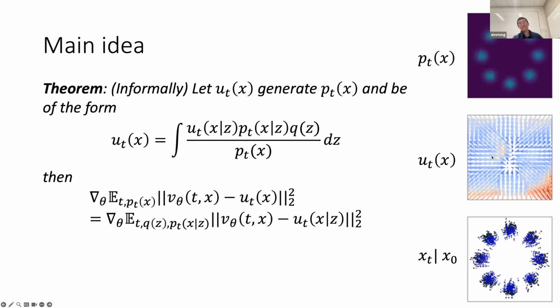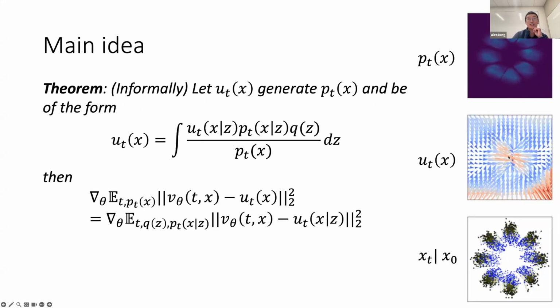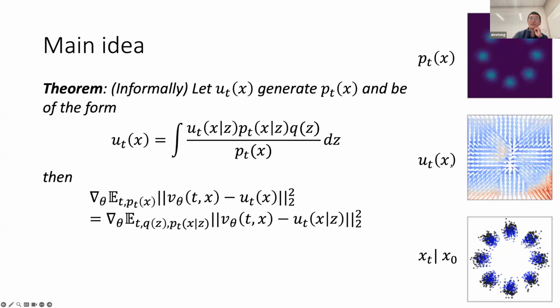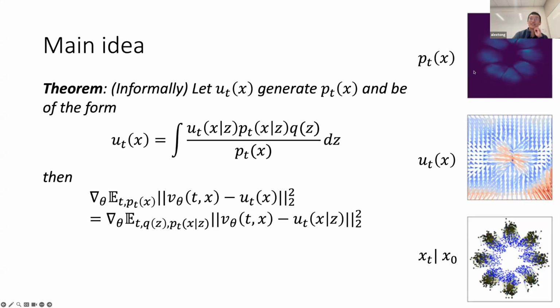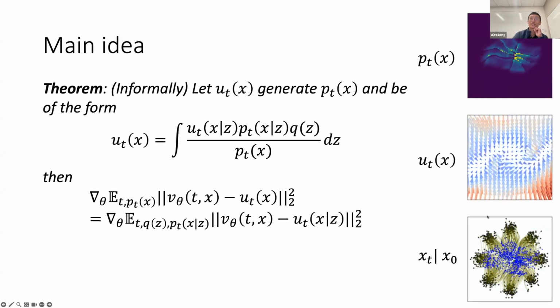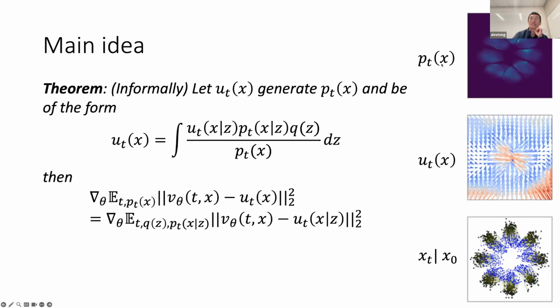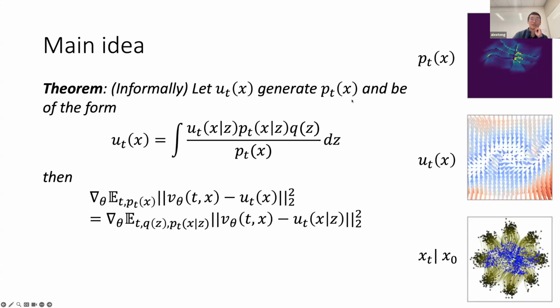UT is a vector field that changes over time, and we say it generates PT: given P0 and UT, if you integrate UT over time, then you get PT. So starting at these samples of 8 Gaussians, if you integrate each sample according to UT, according to the flow, then the probability flow will be this PT. That's what it means for a field to generate a probability distribution over time.